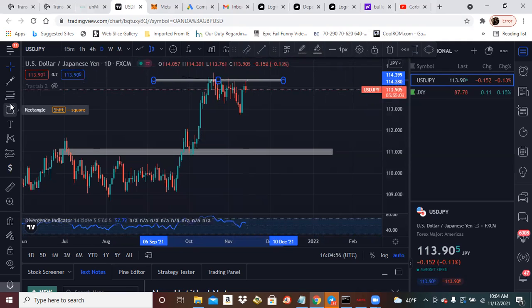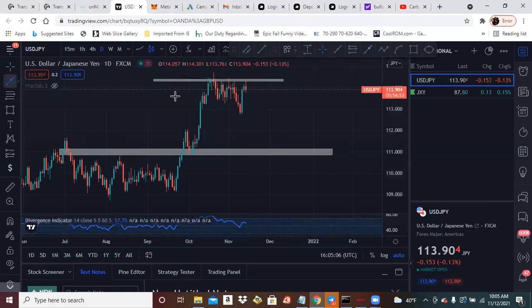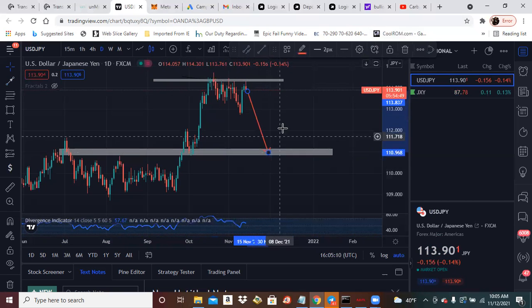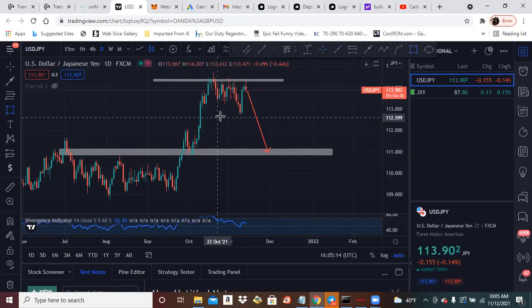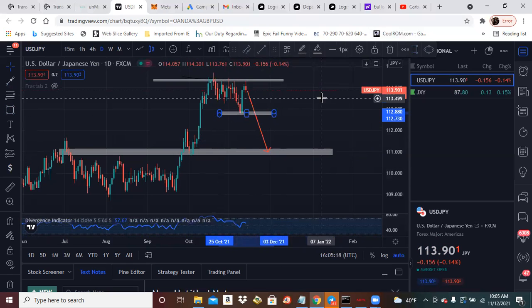So this type of rejection, long term, if these are all possibilities, people. Possibilities. That was the pullback area where it pulled back to test the high.